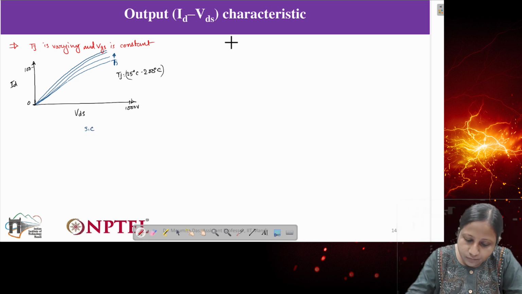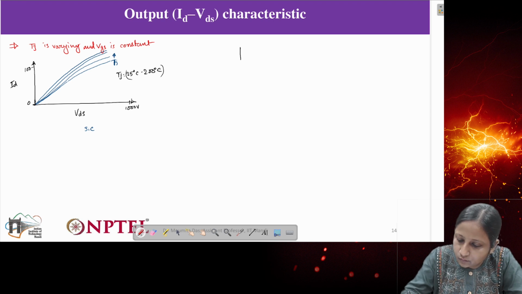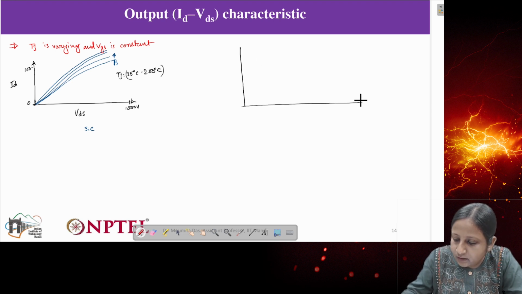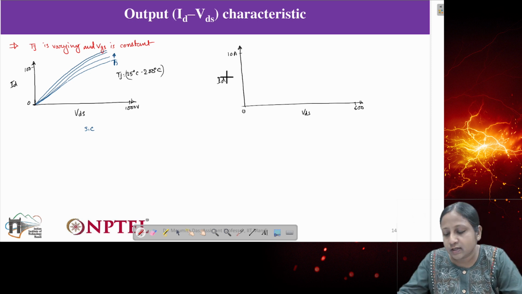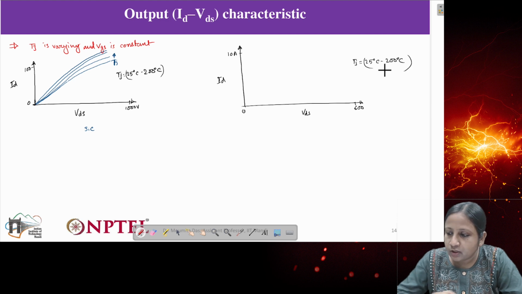And this one, let's say, is with respect to GaN. We are taking the same GaN device, let's say 0 to 600 volts VDS, and ID varying from 0 to 10 ampere, and considering the same junction temperature condition, that is Tj varying from 25 degrees Celsius to 200 degrees Celsius. So how will it vary?